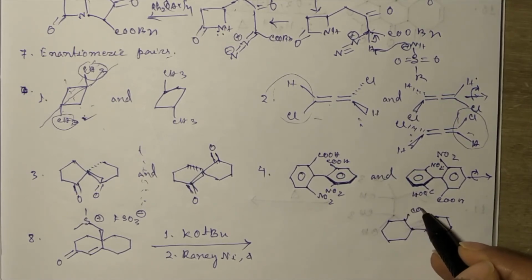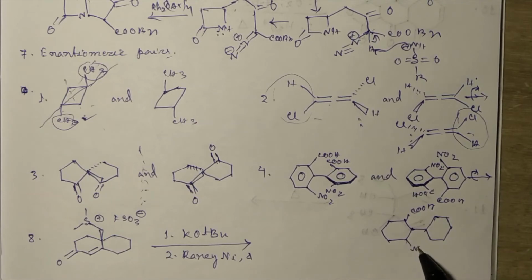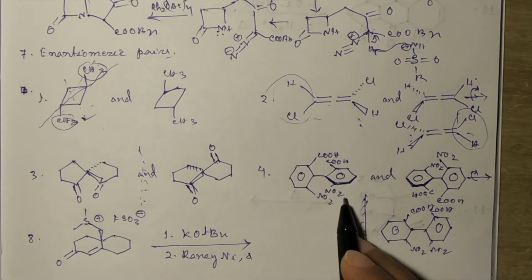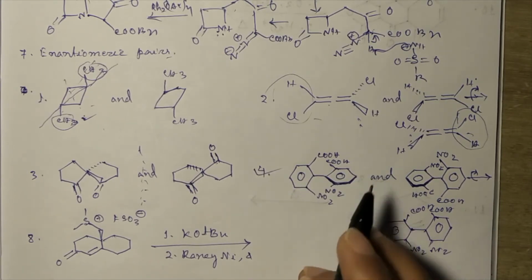COOH group will be here, NO2 will be here, and here the COOH, here NO2. Now if we compare these two, then if we place a mirror here, then this is the mirror image of this. So these two are in mirror image relationship, so these two are enantiomers. So option 4 is correct.